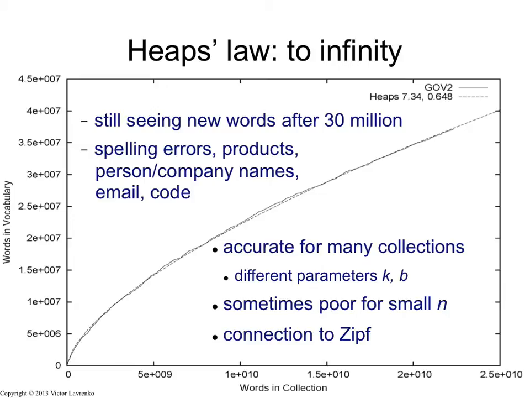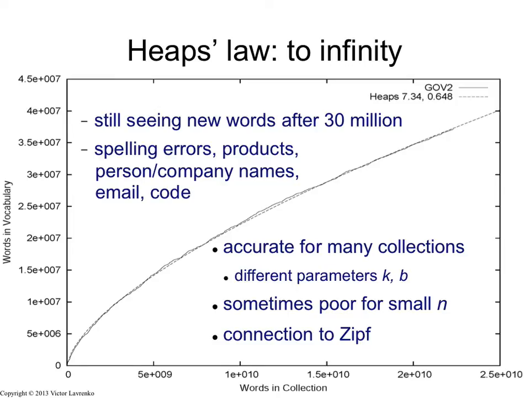And what you see is that the number of distinct words keeps growing. It never stops, it never tails off. Right? So what's happening there? We got to 30 million distinct words and it's still growing at a very brisk pace. So why is this happening?